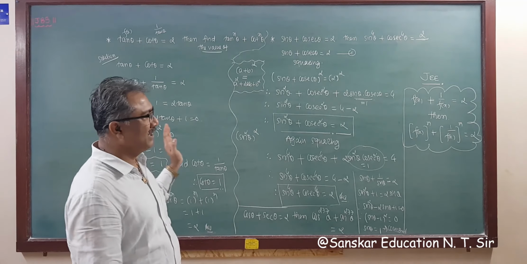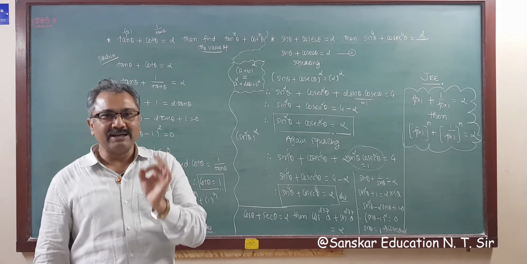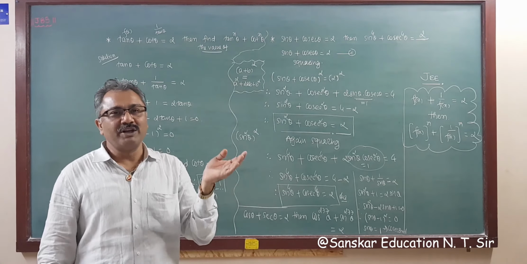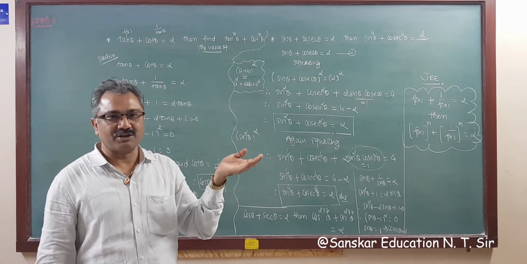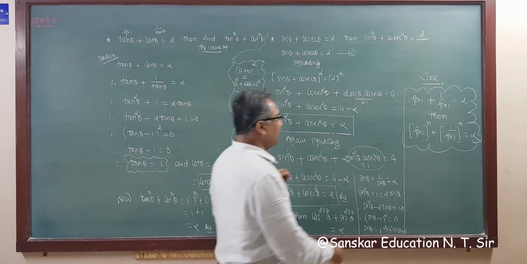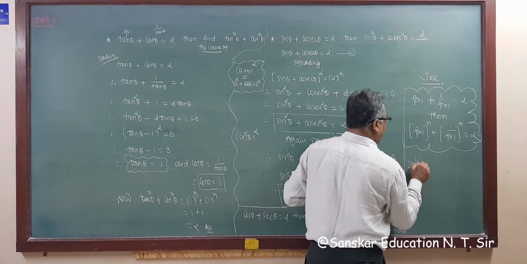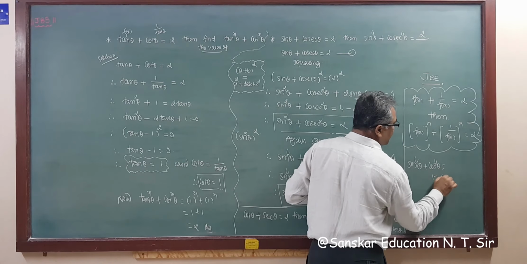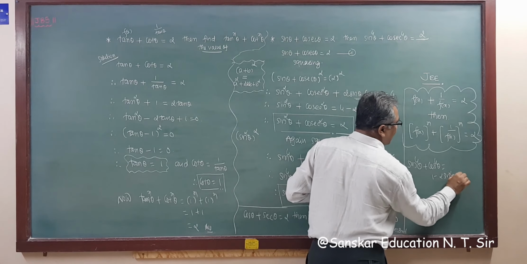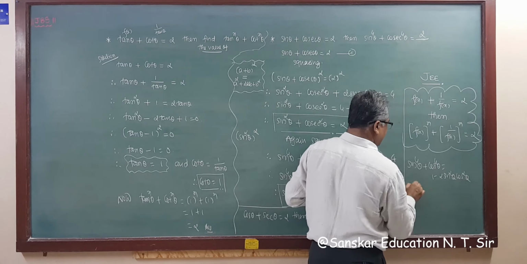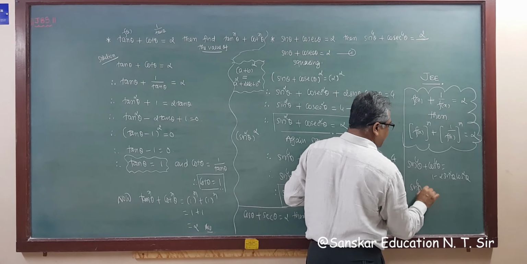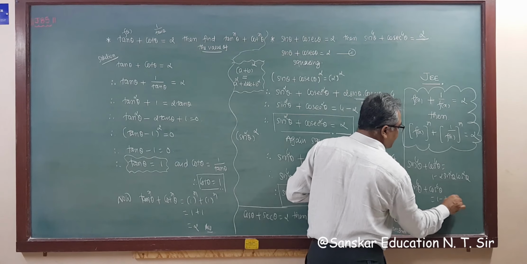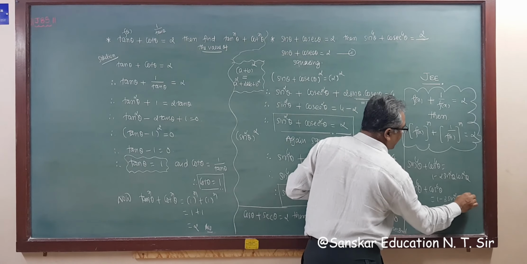So using this formula, I am giving you one illustration, along with the formulas we used in the previous lecture. That is sin raised to 4 theta plus cos raised to 4 theta is equal to 1 minus 2 sin square theta cos square theta, and sin raised to 6 theta plus cos raised to 6 theta is 1 minus 3 sin square theta cos square theta.